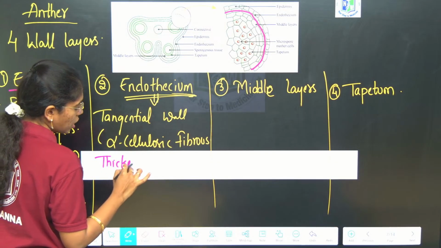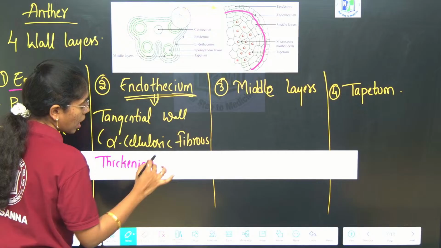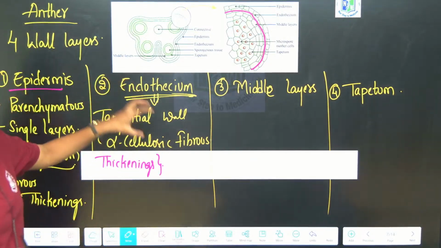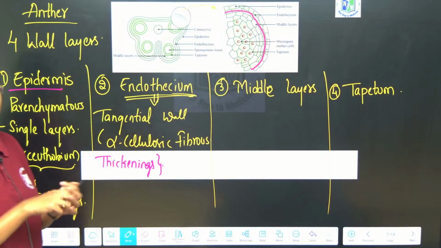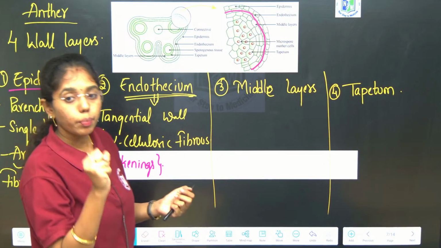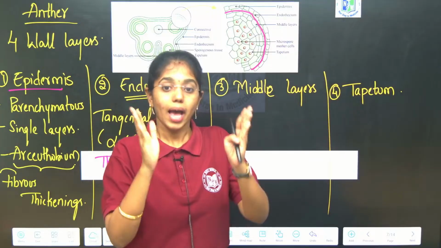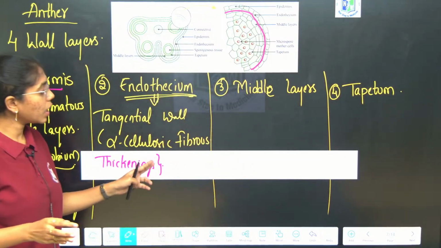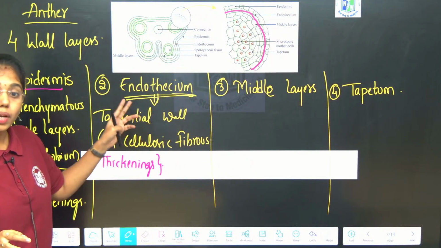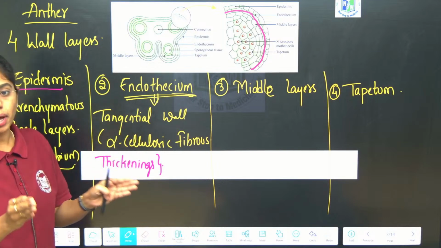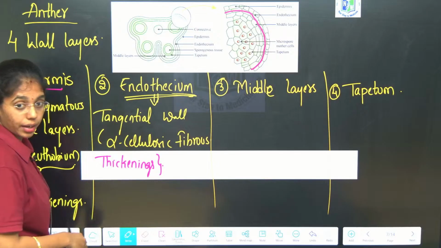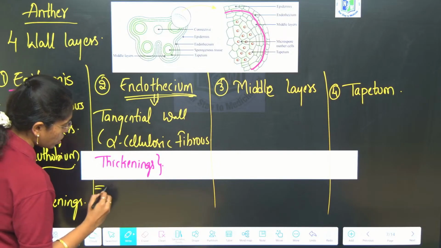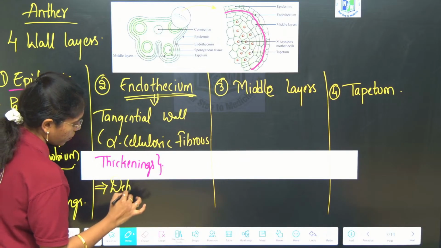These will provide a hygroscopic nature. Hygroscopic nature means it will absorb all the moisture from the pollen grains before the dehiscence. As such, the hygroscopic nature of these tangential walls will help in the release of pollen grains, or you can say dehiscence of pollen grains.